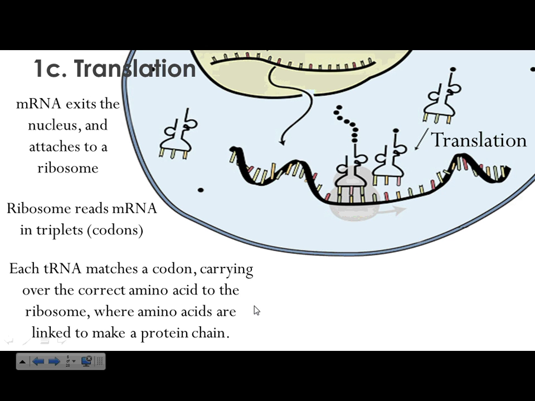So this is how we know that we're bringing the correct amino acid. Only the one with the right anticodon is going to fit the codon of the mRNA. And the ribosome knows if it doesn't fit, that's not the right one. So the amino acids are linked together and they make a protein chain. So if the mRNA was UGG, UCG, the amino acids would be tryptophan and serine.